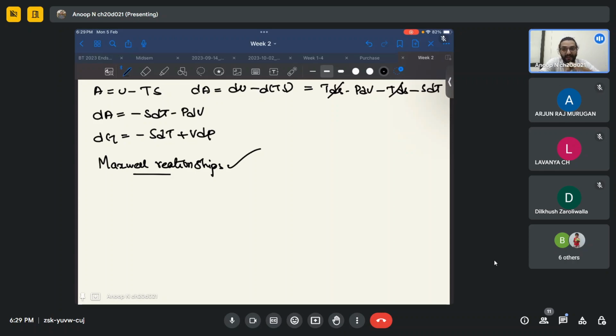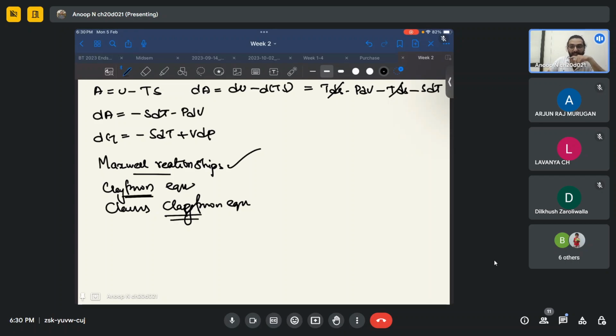In that kind of case, we use Maxwell relationships. One example is the Clapeyron equation, then the Clausius-Clapeyron equation. These equations are applications of Maxwell relations, used to derive these equations.